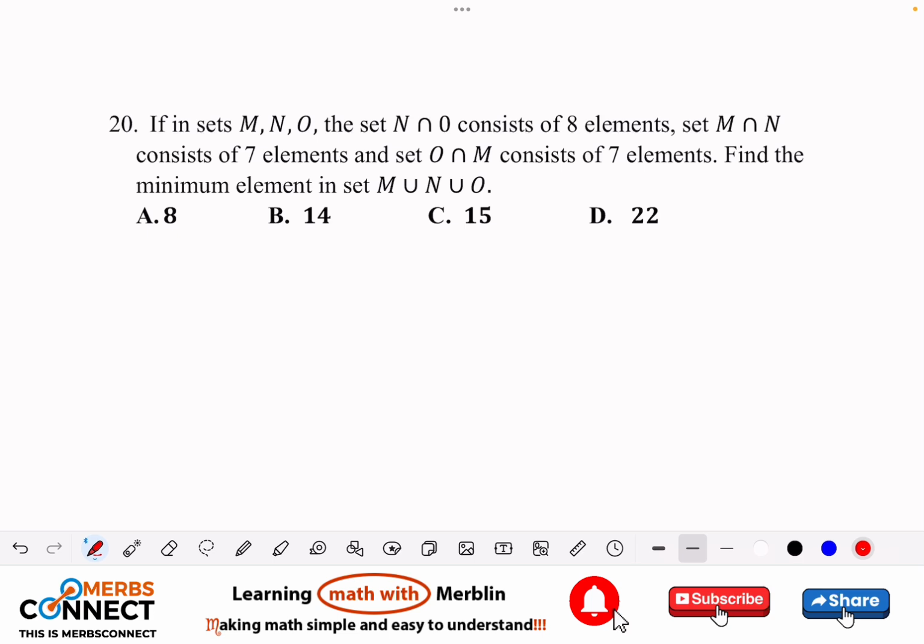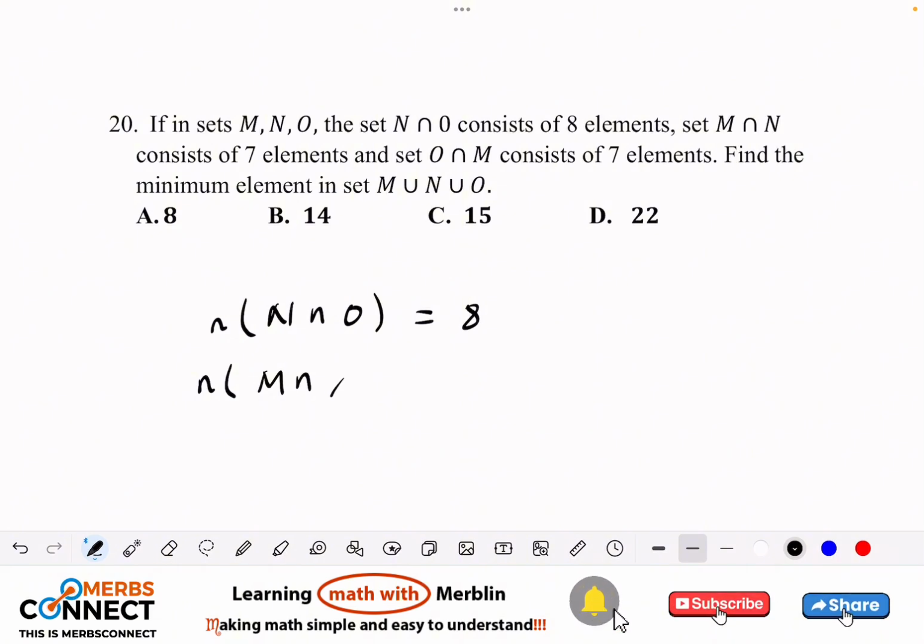All right, so let's look at this question here, which is question 20. We have M, N, O, and then N intersection O consists of 8 elements. So this means that the number of elements is 8. And then set N intersection consists of 7 elements. So number of M intersection N is equal to 7.